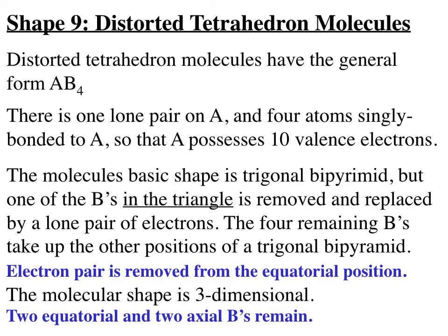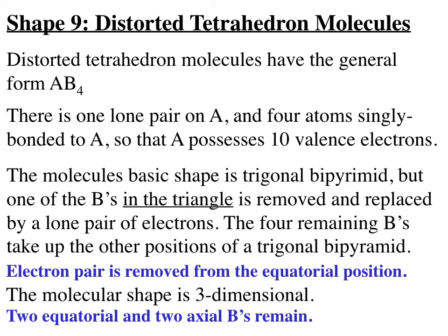Now what has been determined experimentally is that when you make these hypervalent cases where the central atom has non-bonding pairs of electrons, then for the trigonal bipyramid cases, you always place the non-bonding pair of electrons into the equatorial positions, or into the triangle.